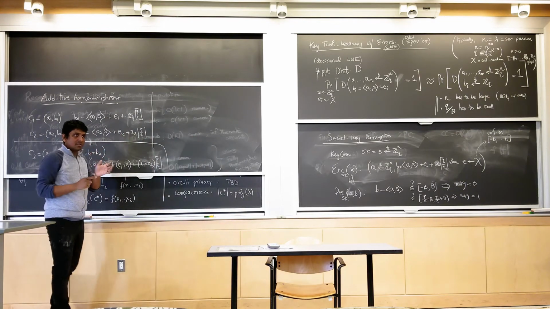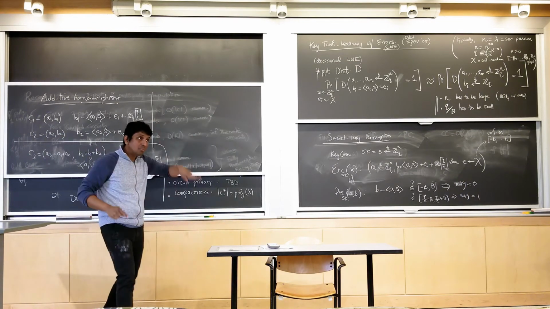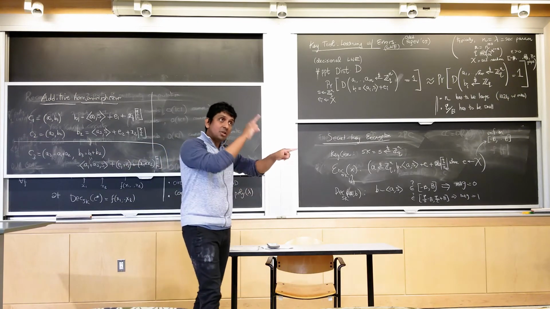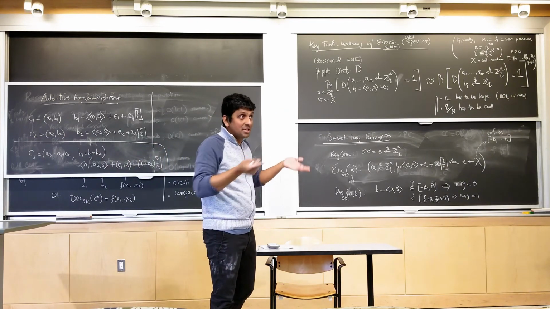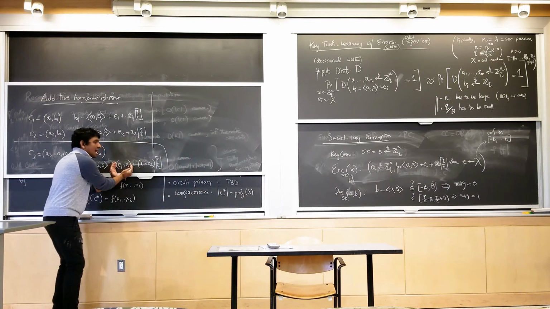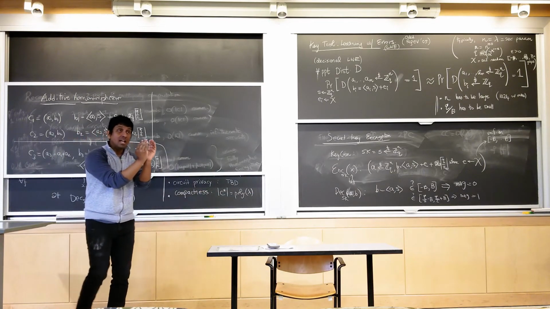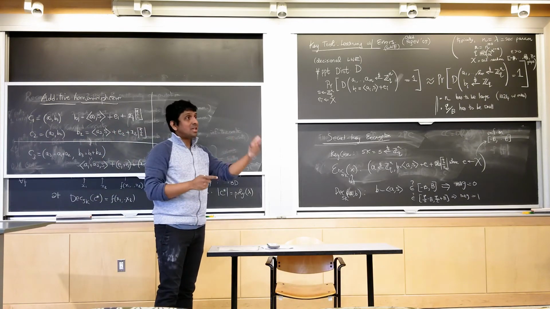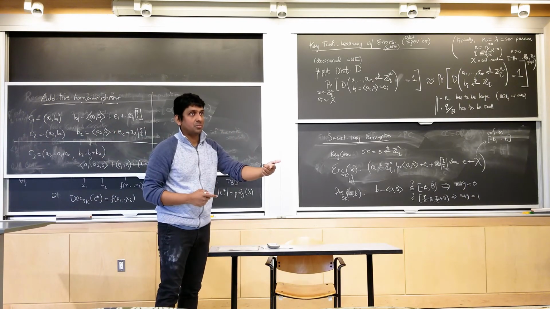Plus an error, right? So that's what happens when X1 and X2 are both 0 or both 1. When they are 0, 1 or 1, 0, it is close to Q over 2. So when you decrypt, assuming that this error E1 plus E2 is very small, you're going to get X1 XOR X2.